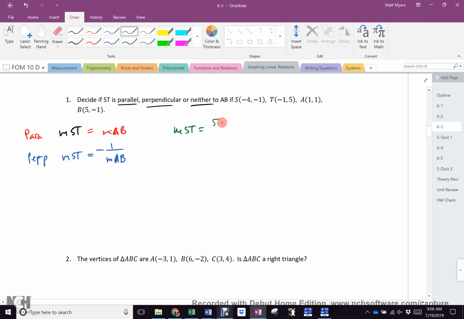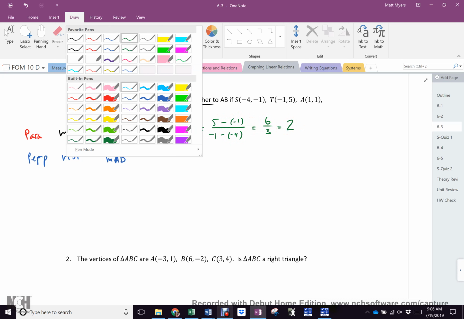Five minus -1 over -1 minus -4. What is 5 minus -1? 6. What is -1 minus -4? 3. So what is the slope of ST? 2. Great.